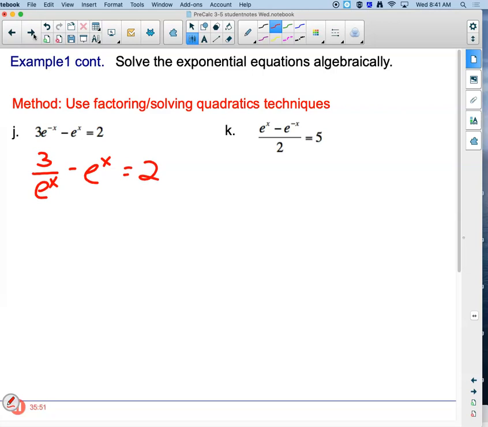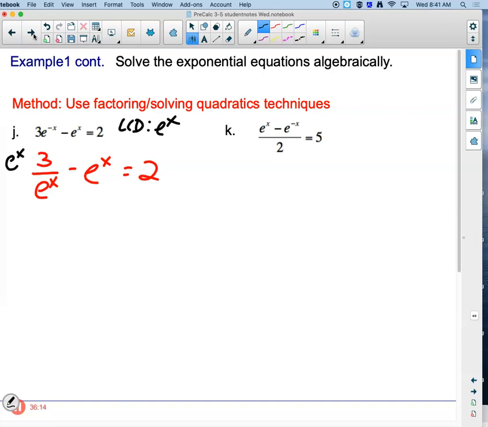Oh boy, now we have a denominator. That makes this a rational equation. Well, normally we would multiply by the LCD. We're dividing here by e to the x. That's our LCD. Since that's what we normally do, we need to continue that.